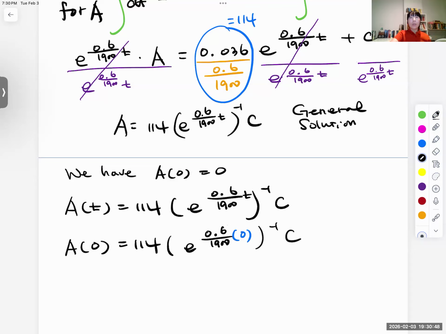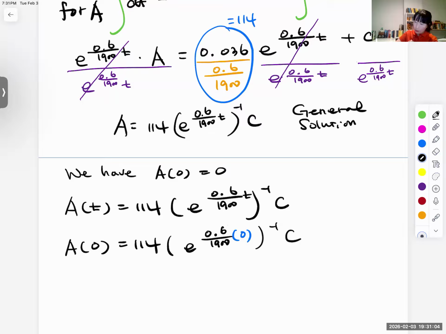And sorry for C in that case, right? All right. So e to the 0 power, which is 1. 1 to the negative 1 power, it's 1.